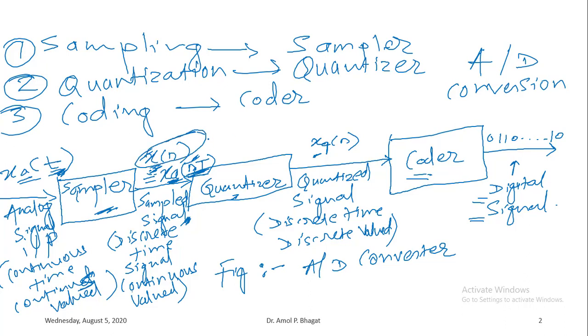So throughout this subject, we will be using this x of n for computation purposes. Whatever operations we perform will be on the sampled version of the analog signal instead of the quantized signal or the digital signal. The reason for that we'll look at in the next sessions.